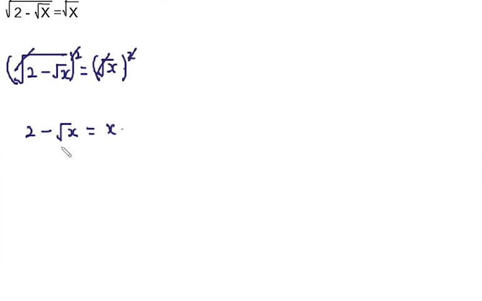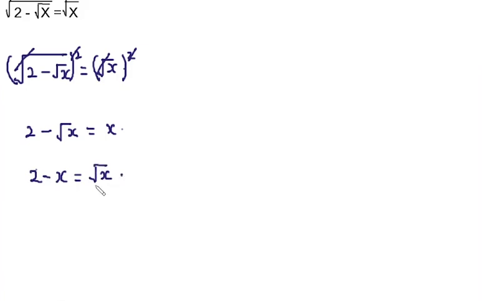The next step is to isolate the radical so that we can further simplify this equation. So isolating the radical, if I move square root of x over to this side, I have 2 minus x. If I move minus square root of x over to this side, I have square root of x.